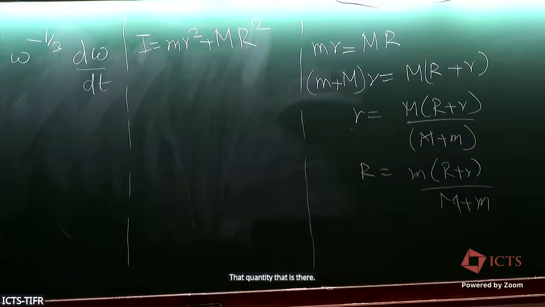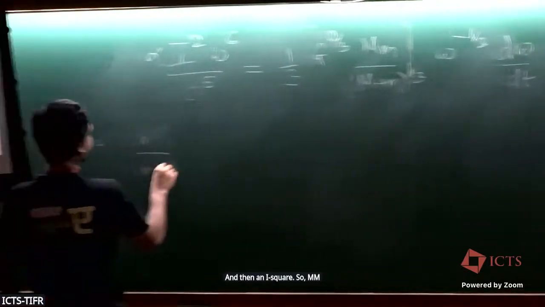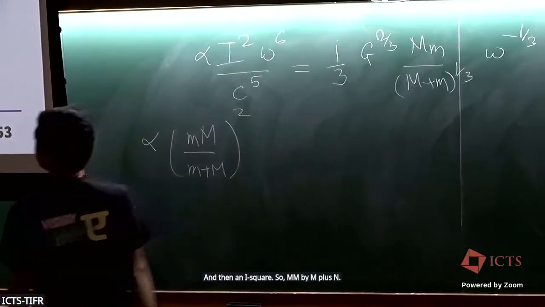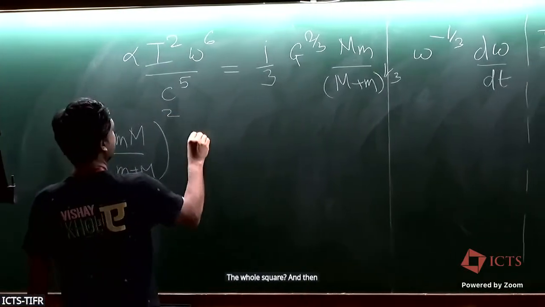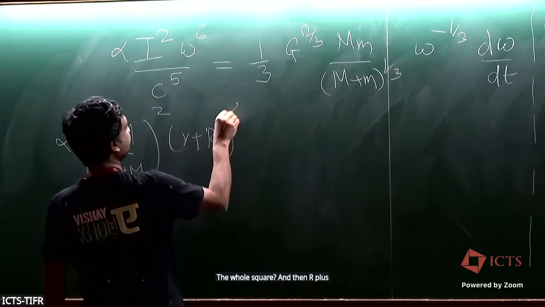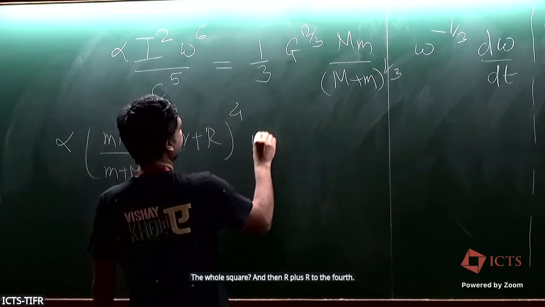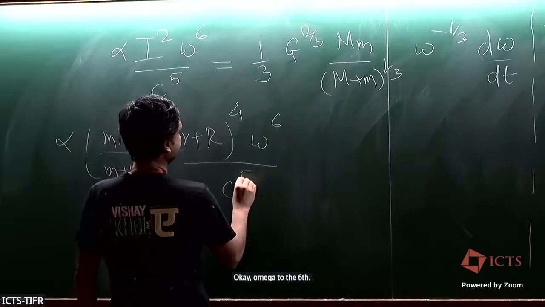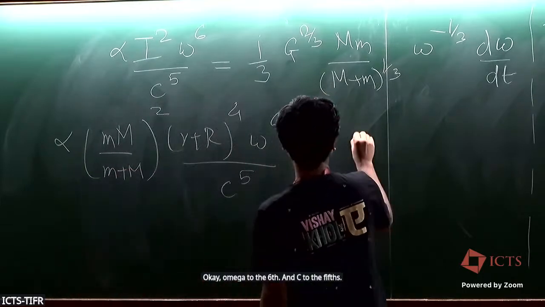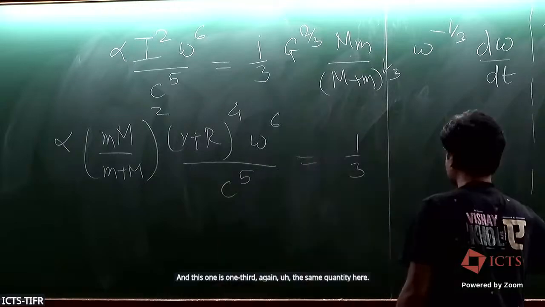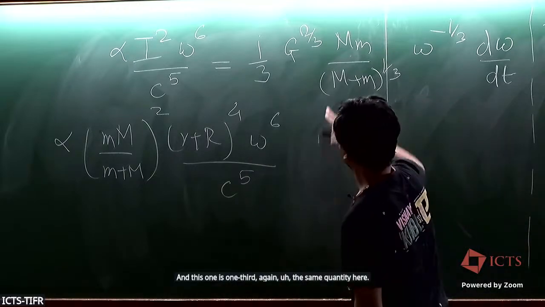Okay? So you see you have an alpha and then an I square. So mM by m plus M, the whole square, and then r plus R to the fourth, omega to the sixth, and c to the fifth. And this one is 1/3, again, the same. Right? So this is equal to this.